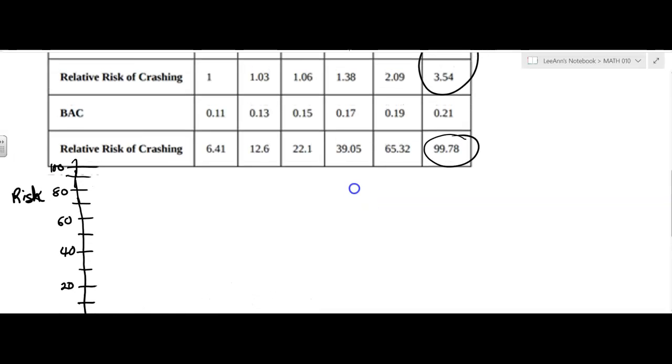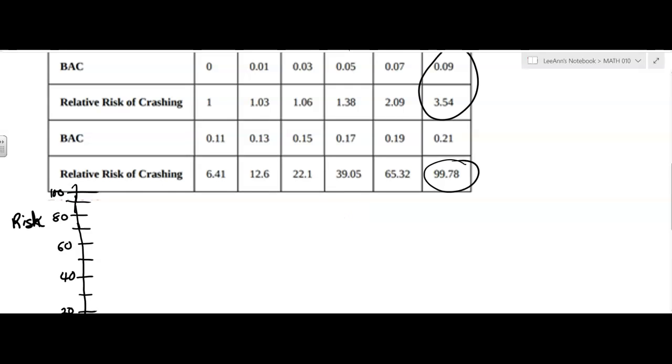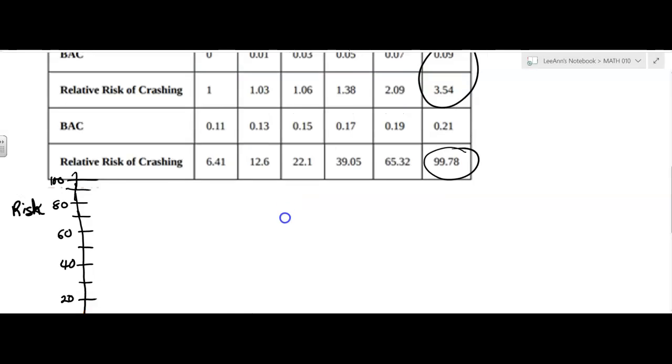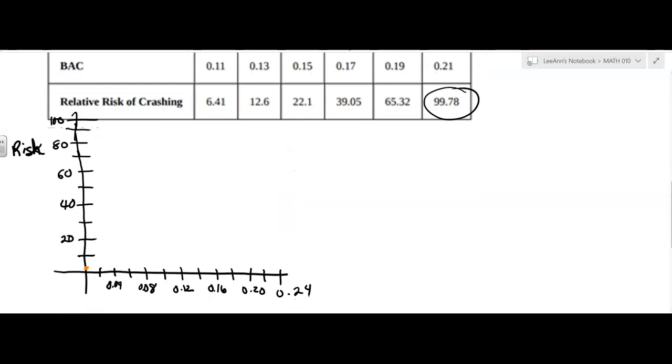Okay, so now I'm going to have a little trouble with the scrolling here, but let's see. 0, 1, so that's where it's starting, way down here, a little bit above the x-axis. What was the next point? 0.01, 1.03. So that's going to be right in there.